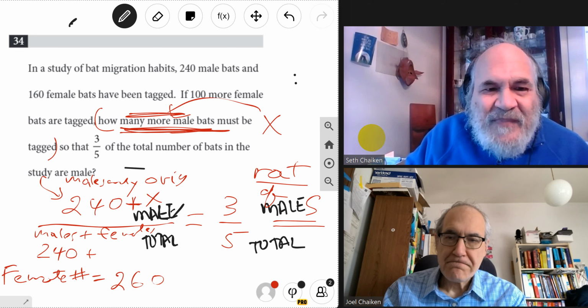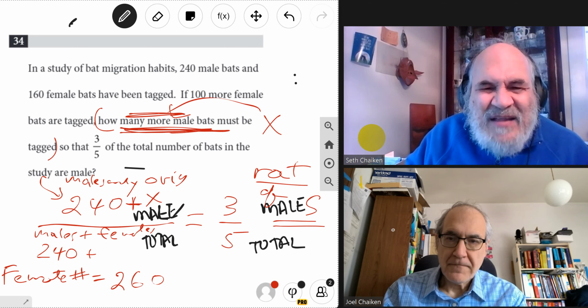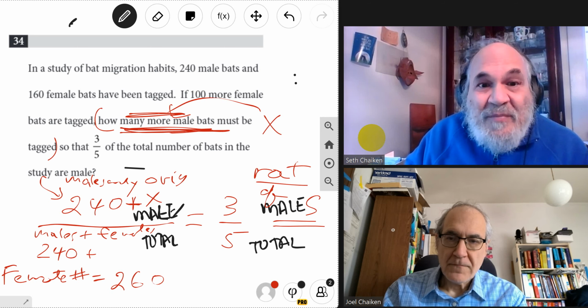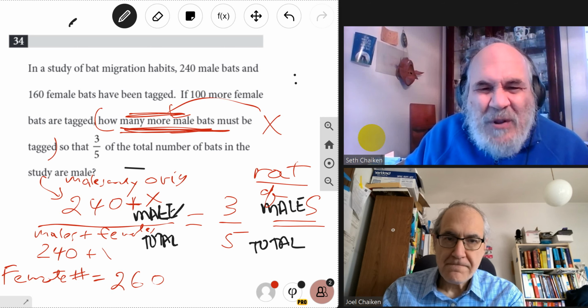Now we have to add that to the number of females to get the total number of bats, so that we can formulate the ratio of the number of males in the goal population to the total.